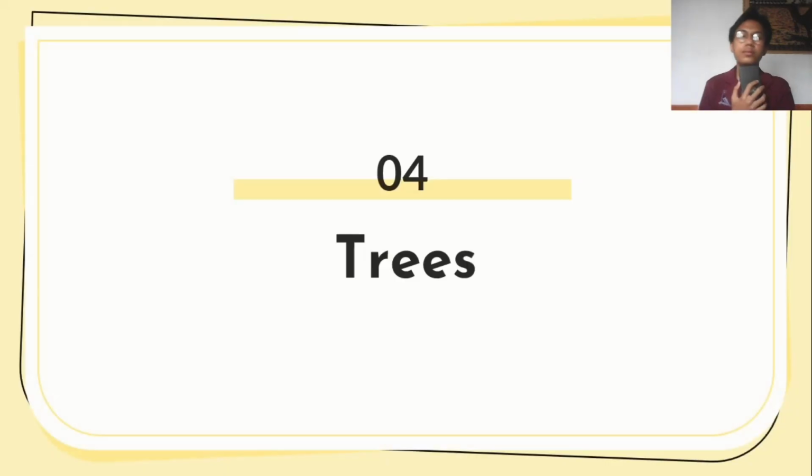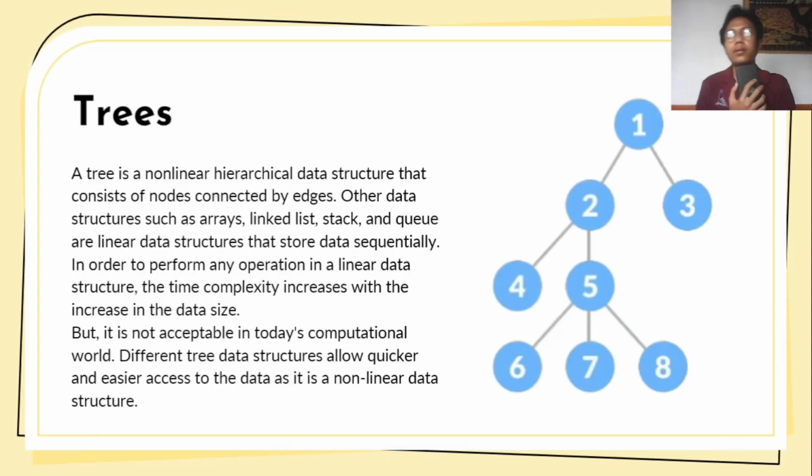Okay, next, number 4 is trees. A tree is a non-linear hierarchical data structure that consists of nodes connected by edges. Other data structures such as arrays, linked lists, stacks, and queues are linear data structures that store data sequentially.